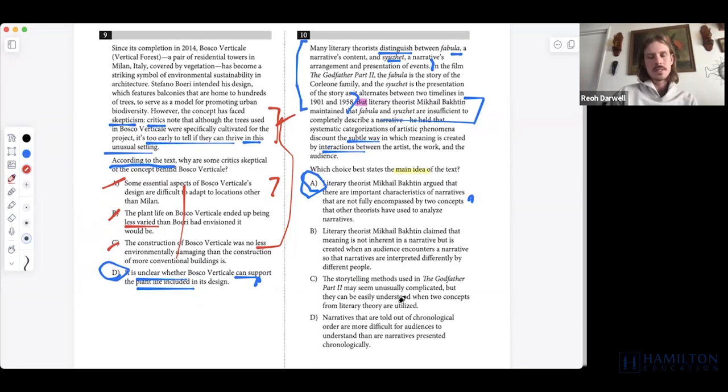For example, let's look at some answer choices which you might have chosen that don't have anything to do with the main idea, though they're in the text, right? There are a lot of true but irrelevant distractors on these main idea questions. So, could you make sense of The Godfather through the concepts from literary theory? Yeah. But one, did they say it was unusually complicated?